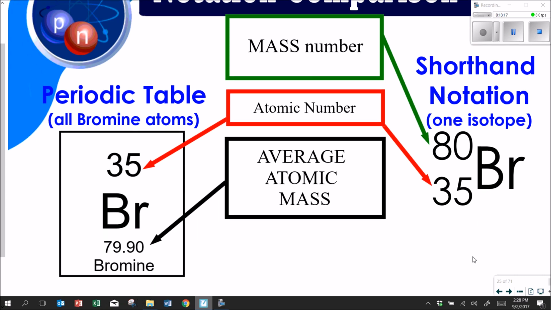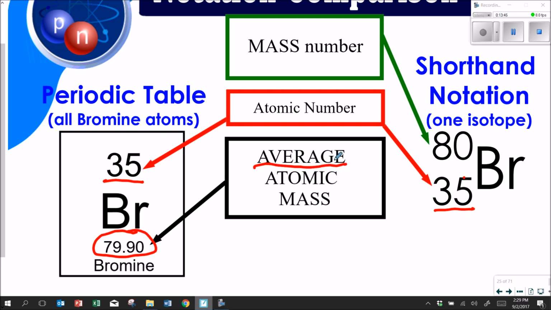Here we are comparing what you see on your periodic table for a particular element and the shorthand notation for one isotope. So on your periodic table, the atomic number is on top of the element symbol. On the shorthand notation, it's at the bottom. Be careful about that. Then over here on your periodic table, we have what we call an average atomic mass.